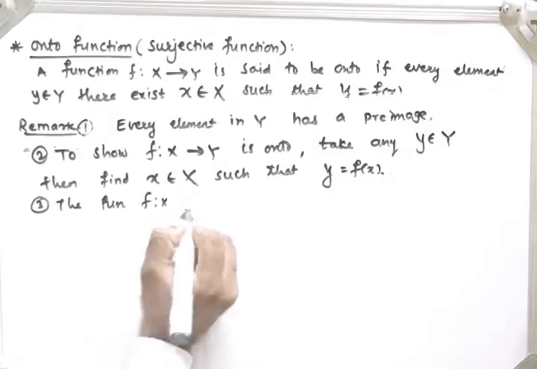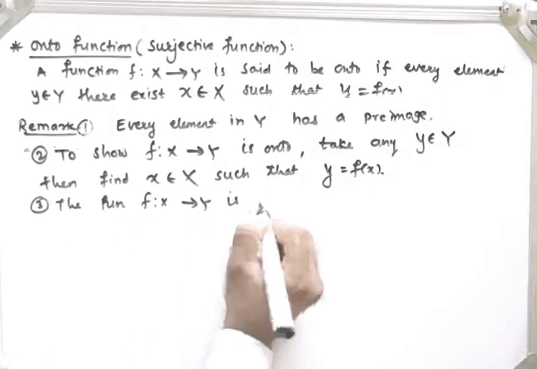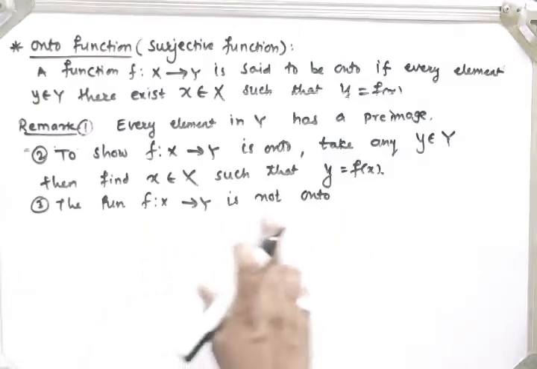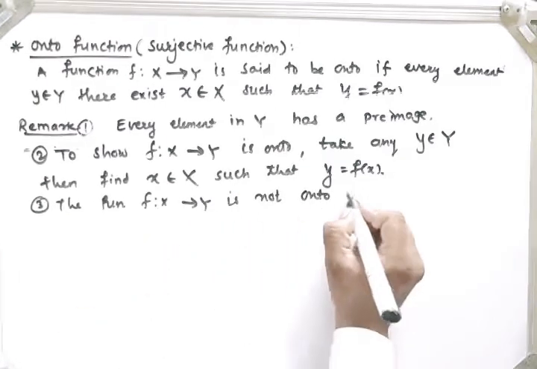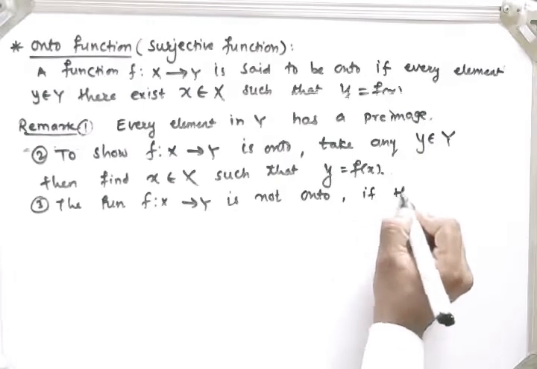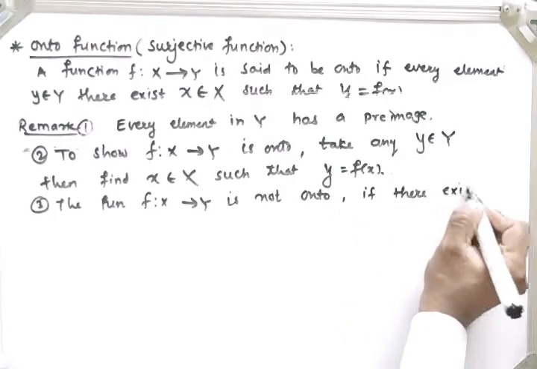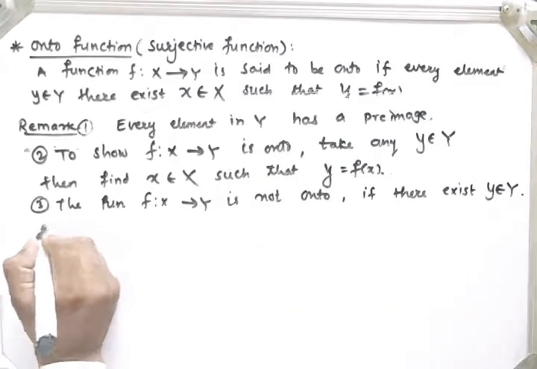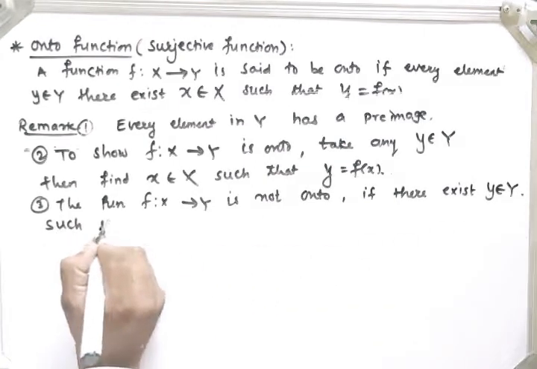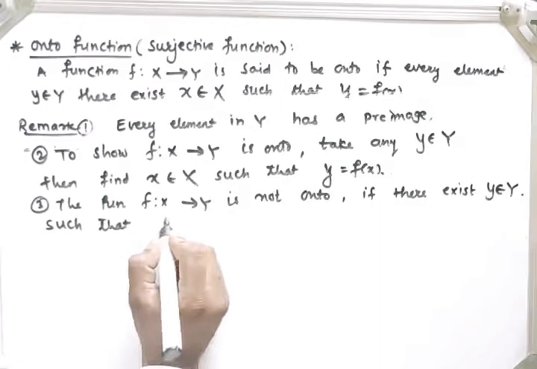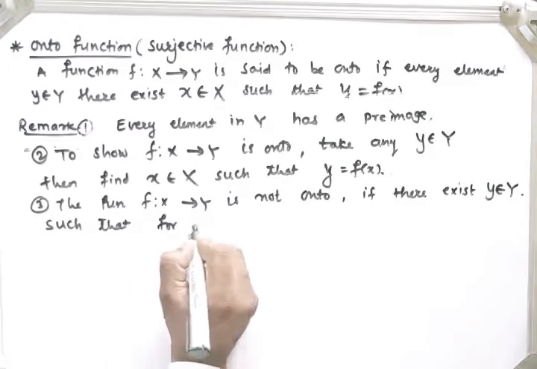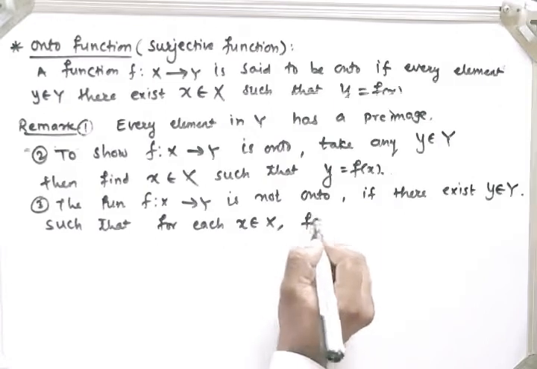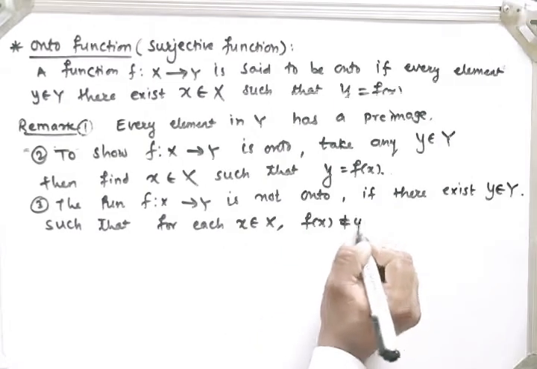And third condition, to show function f from X to Y is not onto, if there exists y belongs to Y, such that for each x belongs to X, f of x is not equal to y.